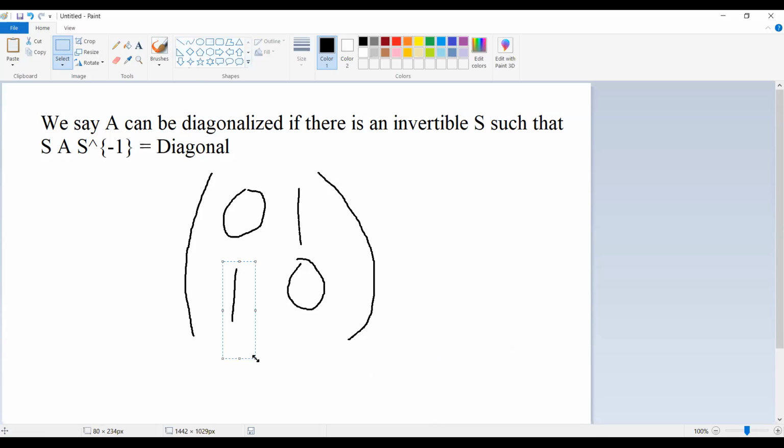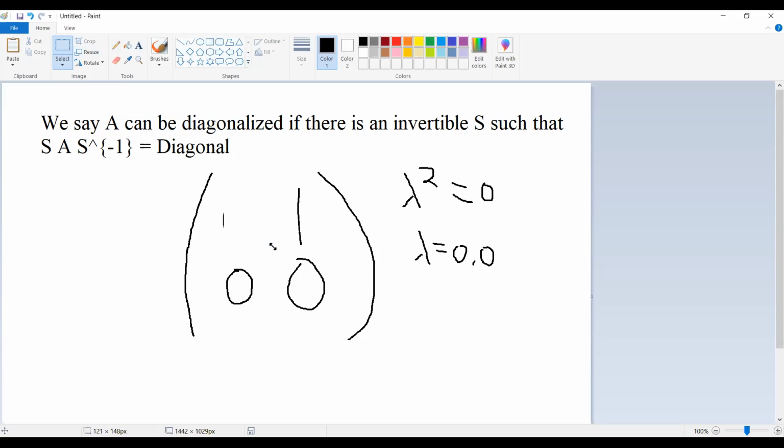We could modify it a little bit, though. What if we tried 0 on the diagonal, with a 1 in the upper right? That's not invertible. You get lambda squared equals 0, and you get a double root. And in fact, it really doesn't matter what we choose for the diagonal.